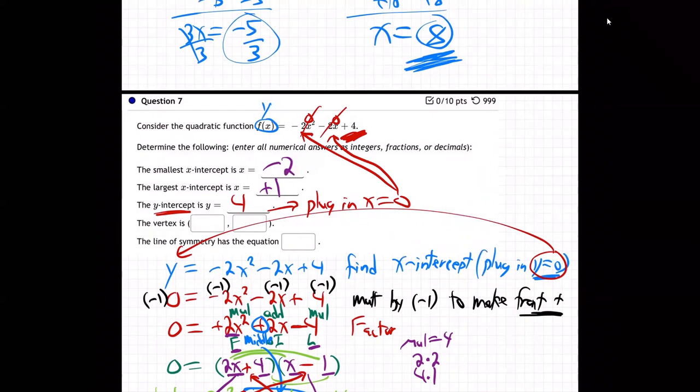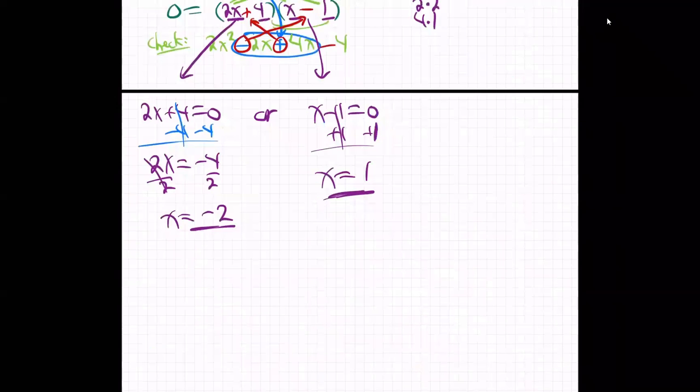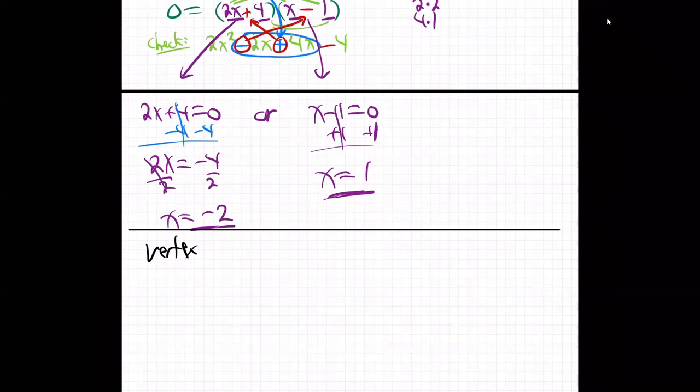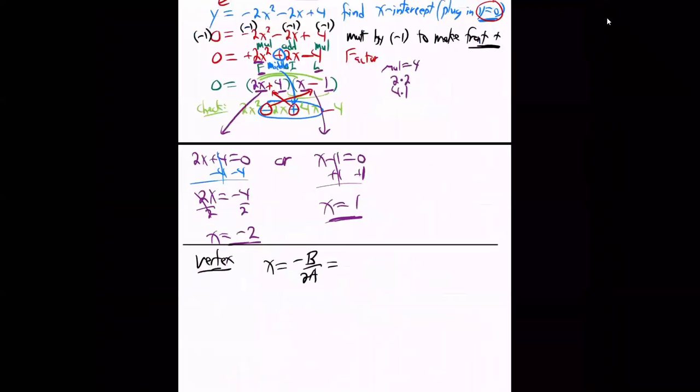All right, now they want the vertex. Next question, the vertex. How do we get the vertex? A lot of steps on these. Vertex you find by x is -b over 2a. It's the magic formula for finding the vertex. So let's know what are a, b, and c. So I'm going to grab the formula again.